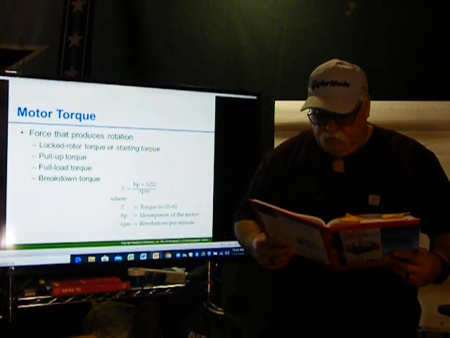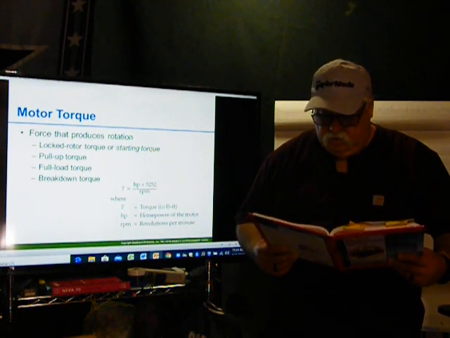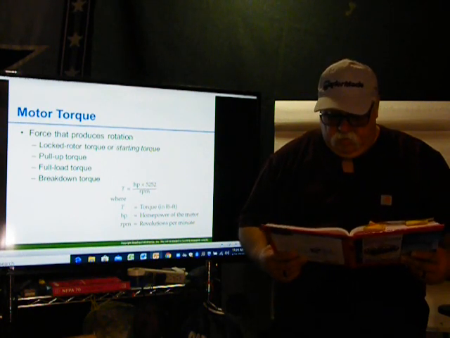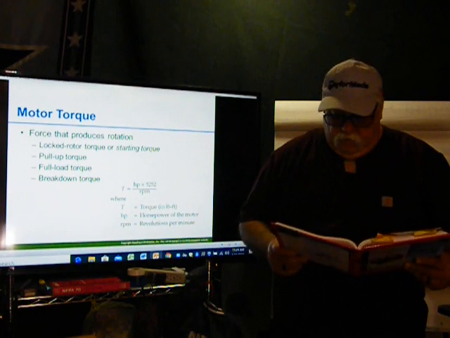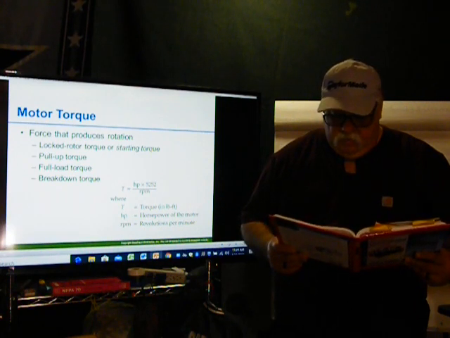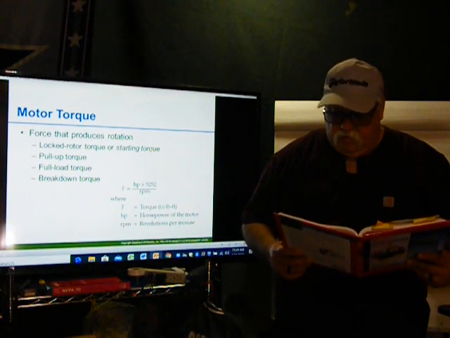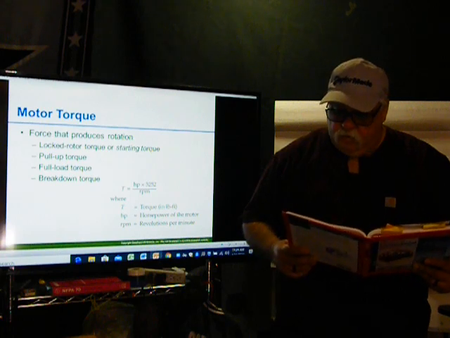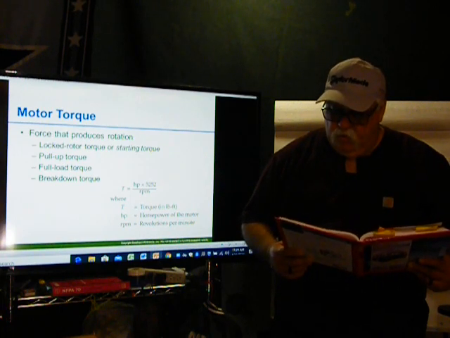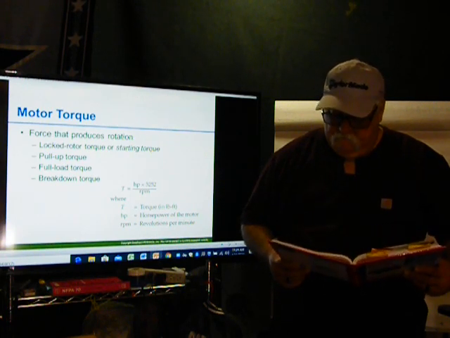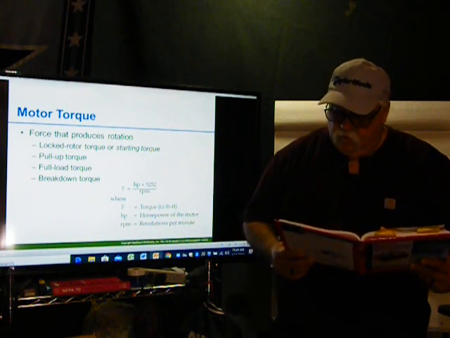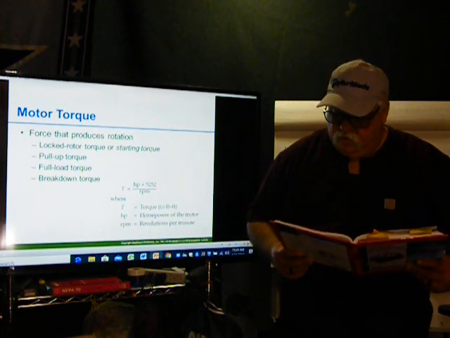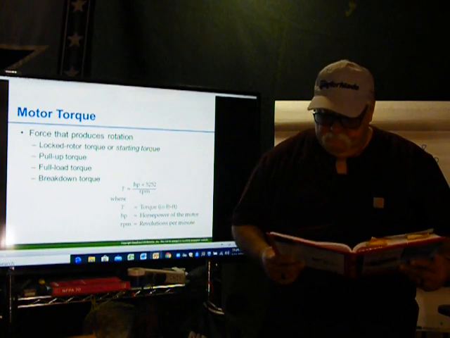This is the torque produced by the motor when it initially starts. It is also the force required to get the motor running. Pull-up torque is required to bring the motor to full speed after it has been started. Full load torque is the torque necessary to keep the motor running at rated speed. Breakdown torque is the maximum torque a motor can achieve before stalling.